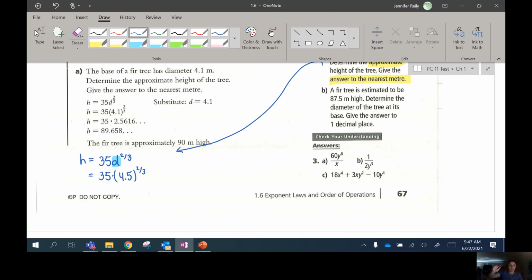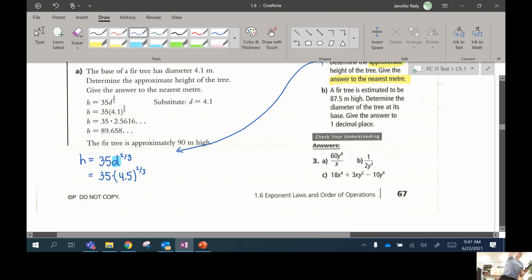So I'm going to type in, sorry, my light's turned off, 4.5 to the power of 2 divided by 3. And you'll get 2.72568... It's going to be a decimal that continues forever.